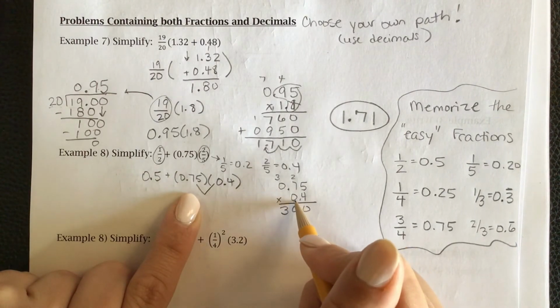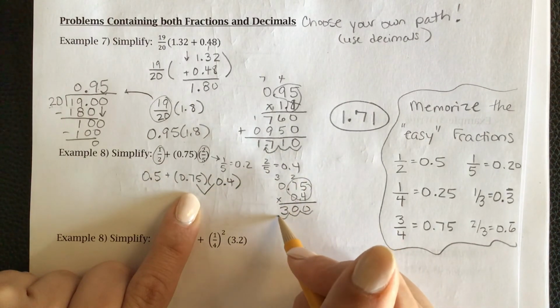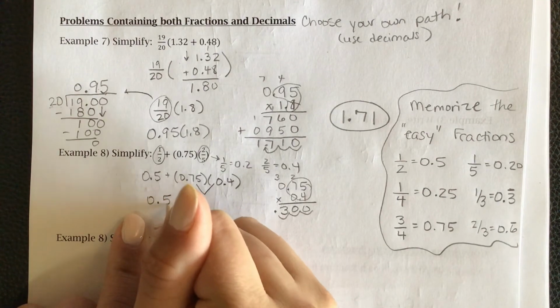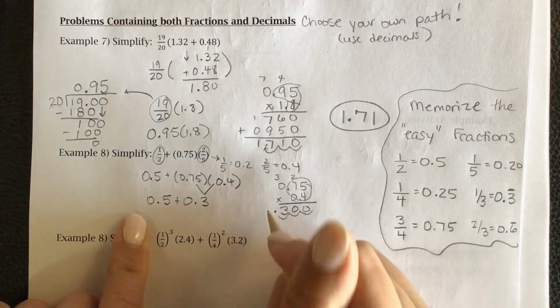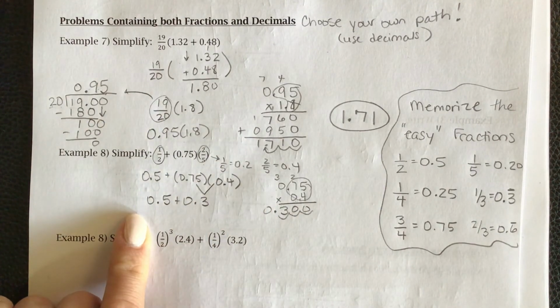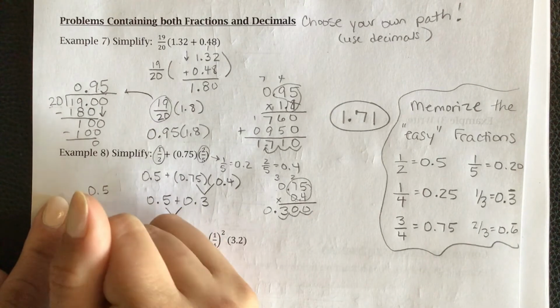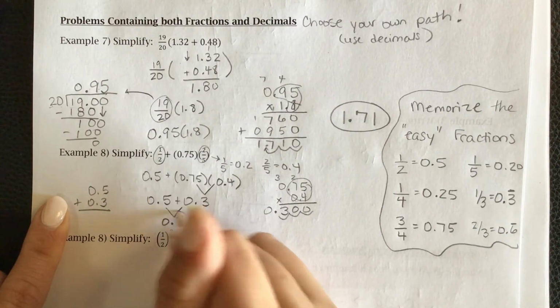We're not going to do the 0, and we're going to move our decimal 3 times: 1, 2, 3. So we have 0.5 plus 0.3, because you'd always put a 0 in front. Add those together, 0.5 and 0.3, and you get 0.8.